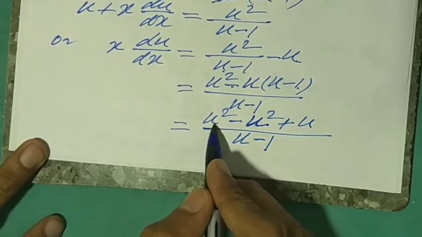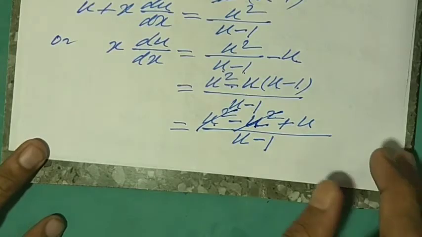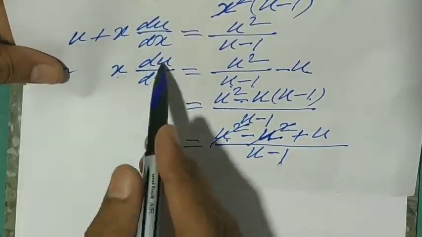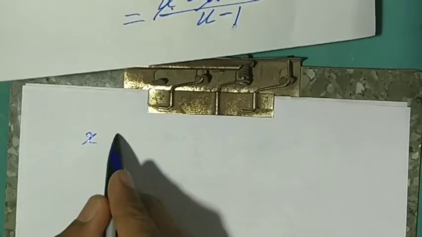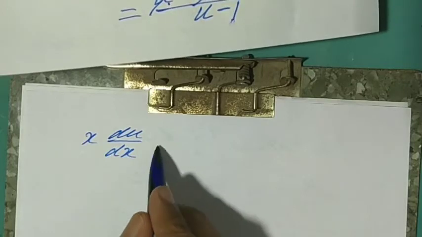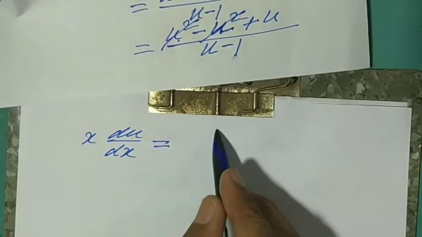This u square positive and this u square negative are cancelled with each other. Now on the left hand side we have x du upon dx is equal to, on the right hand side u upon u minus 1 is left.